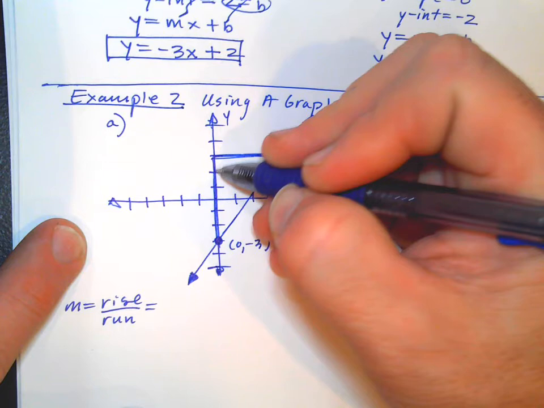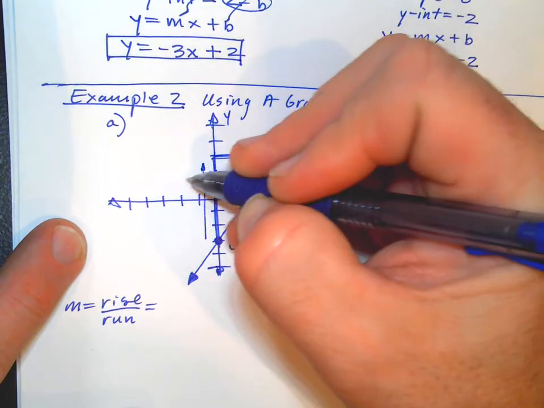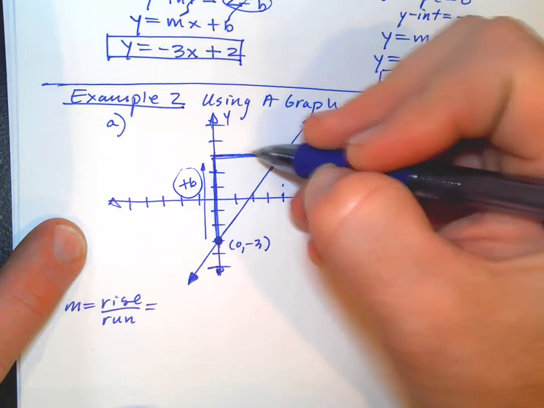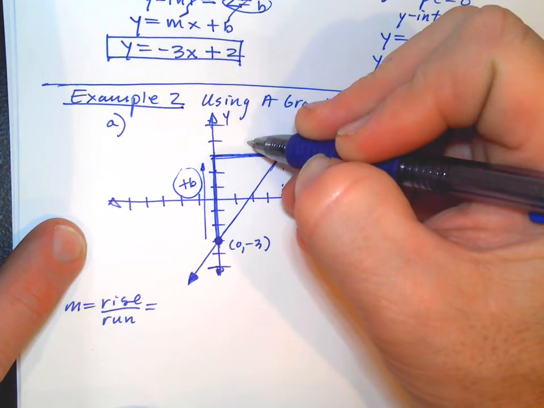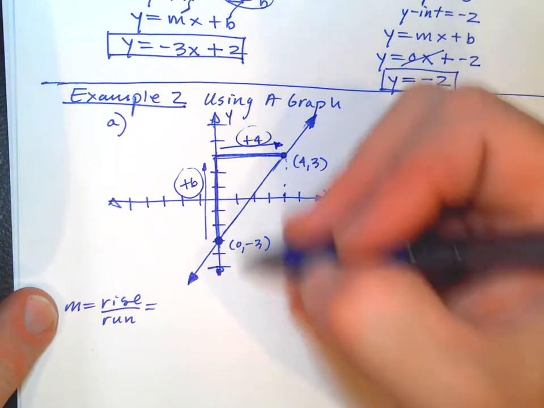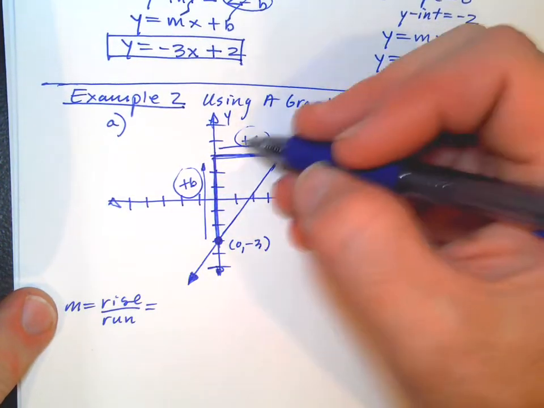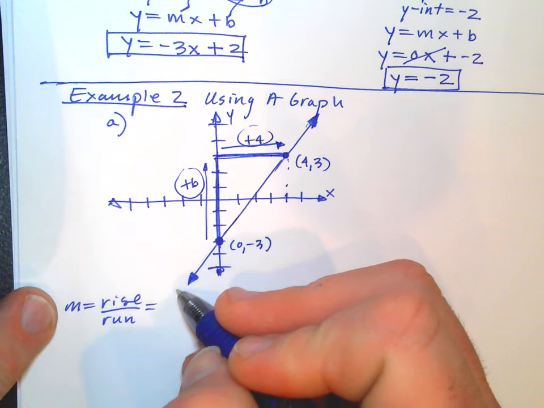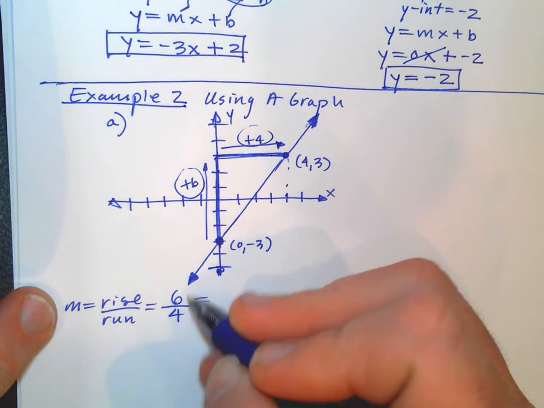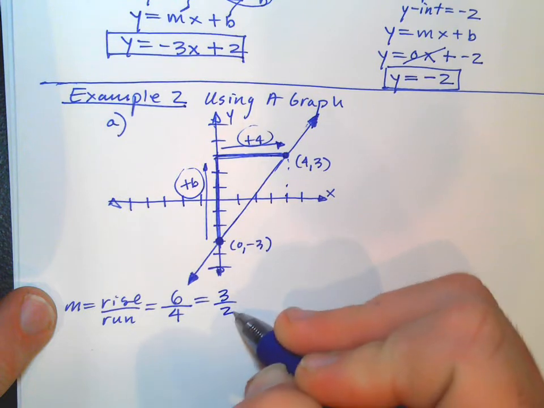We're going to go up 1, 2, 3, 4, 5, 6 squares, right? Up, positive, and then we're going to go over 1, 2, 3, 4 squares to the right, and that's your run. Rise is up and down, run is left and right. So it's going to be 6 up, 4 over. And then we could reduce it, divide 2 out of the top and bottom, make it 3 halves.